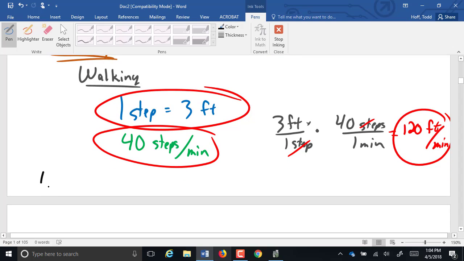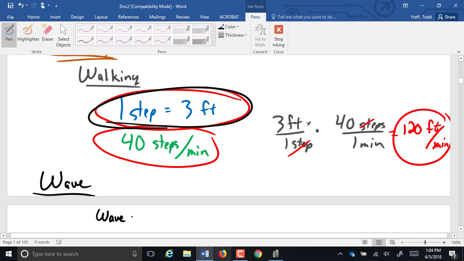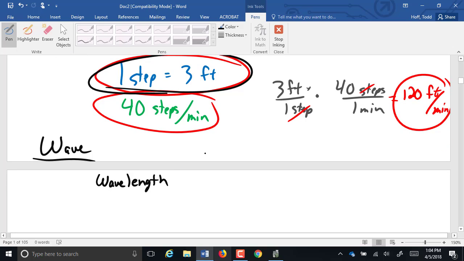Well, if I'm looking at a wave, what part of a wave equates to the length of a step? The wavelength, the length of a single wave. The number of steps per minute, or per second in this case, would be the frequency, the number of waves per second.